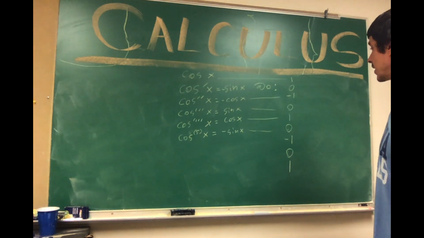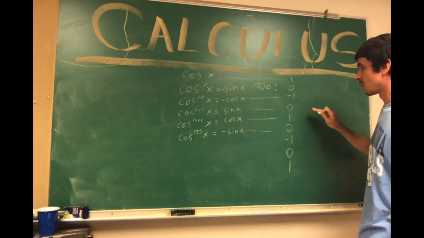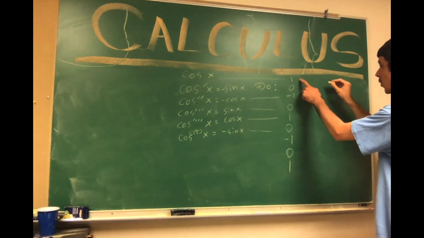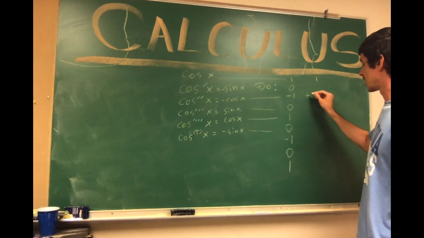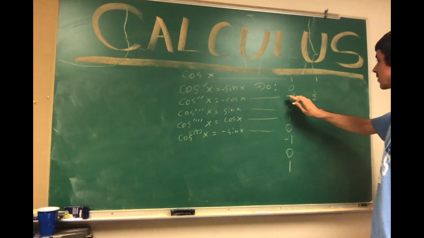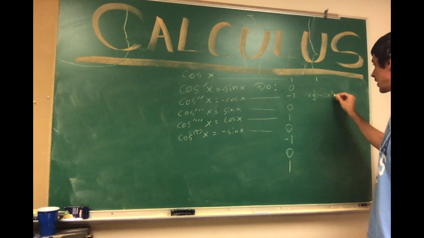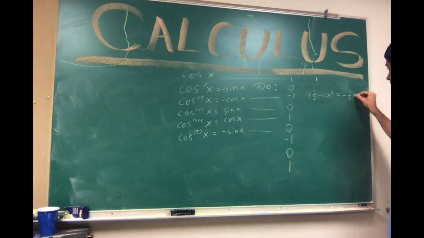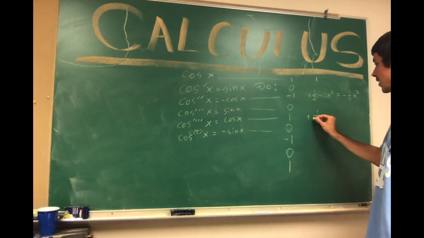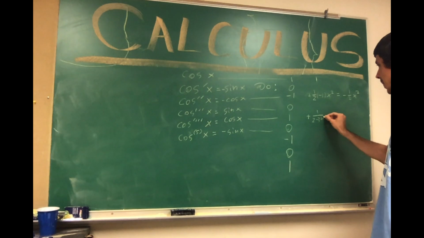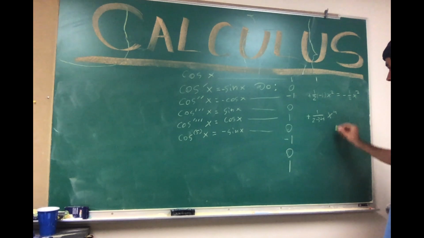And so in the approximation about 0, from this we'll get a 1, and then from this we'll get a plus 1/2 times minus 1 times x squared, so that's just minus 1/2 x squared, and then down here we'll get a plus 1 over 2 times 3 times 4 times x to the fourth.